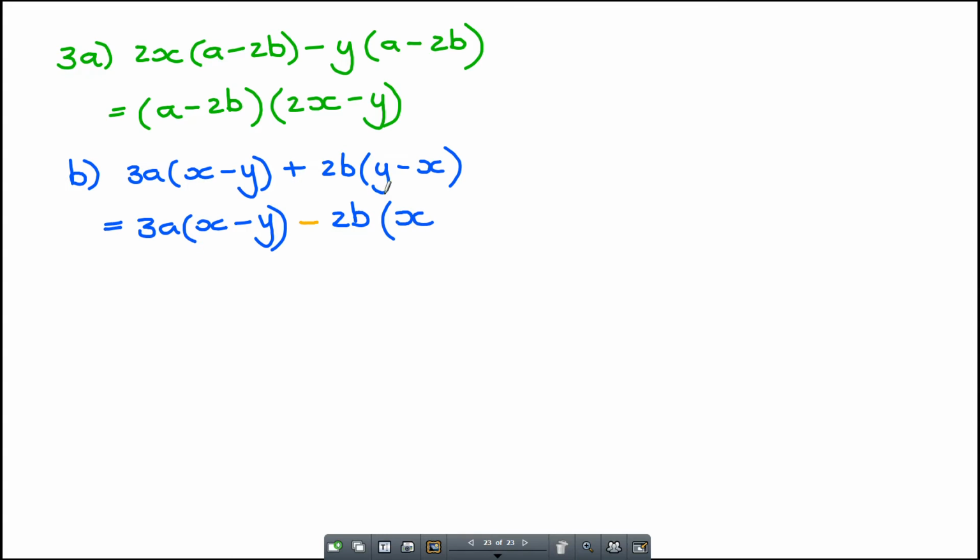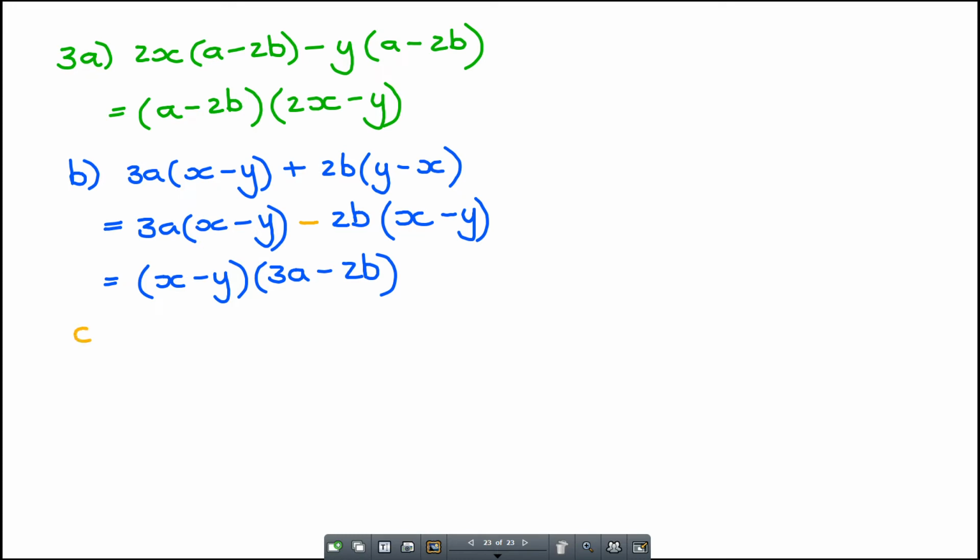The positive y will become a negative y. And now do you see that the two brackets are the same? Okay, so now I can say x minus y will be my common factor. So 3a minus 2b would be what's left after I take that out. Sorry, that was my mistake.